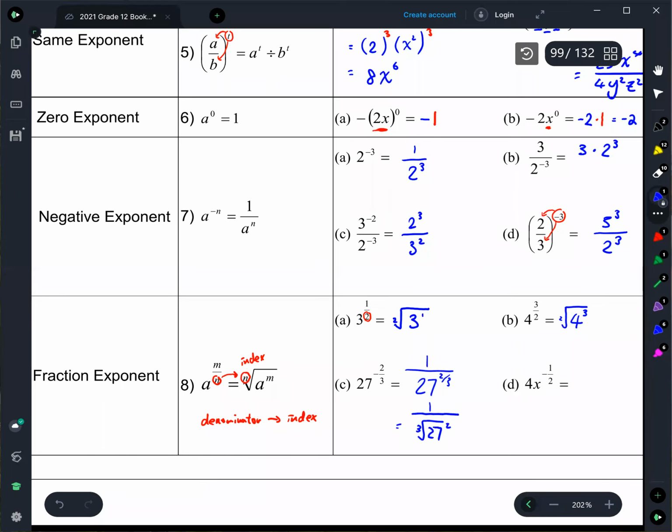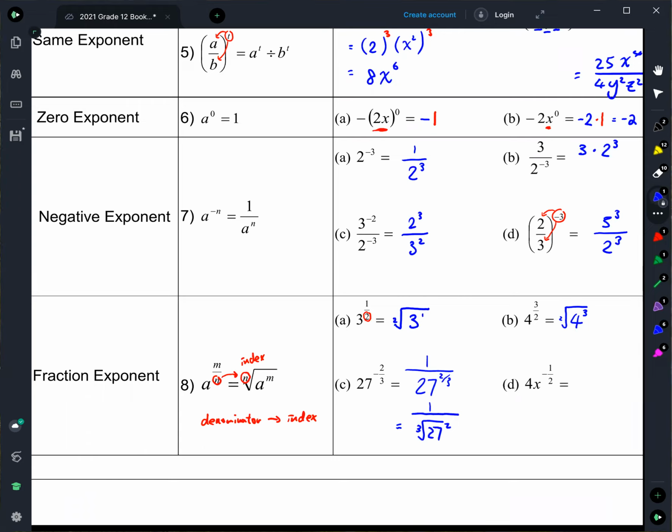Yeah, okay, we don't need to evaluate, you just need to turn it into radicals, a cube root and a square. Like you said, if you want to evaluate, it will become 1 over 9, okay? So leave the answer like this. Just practice how to turn it into radicals.